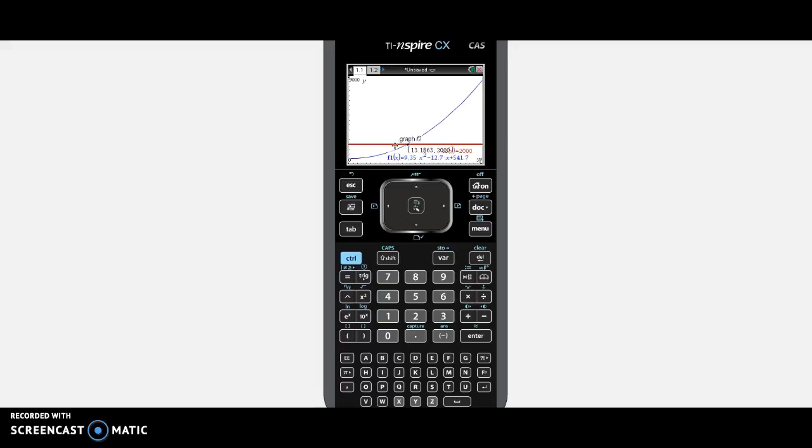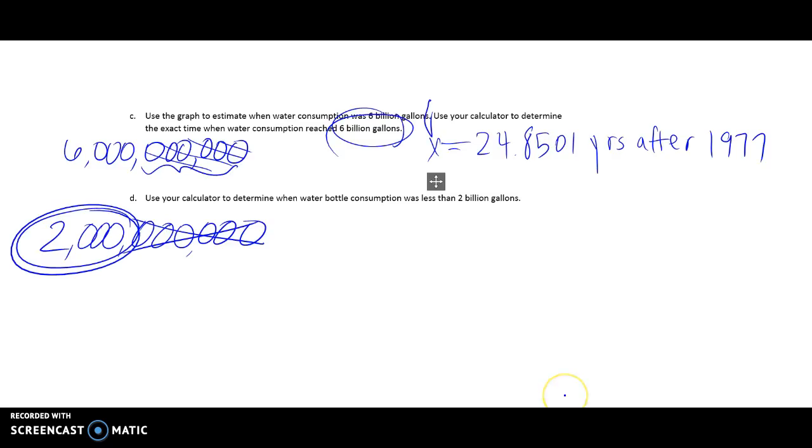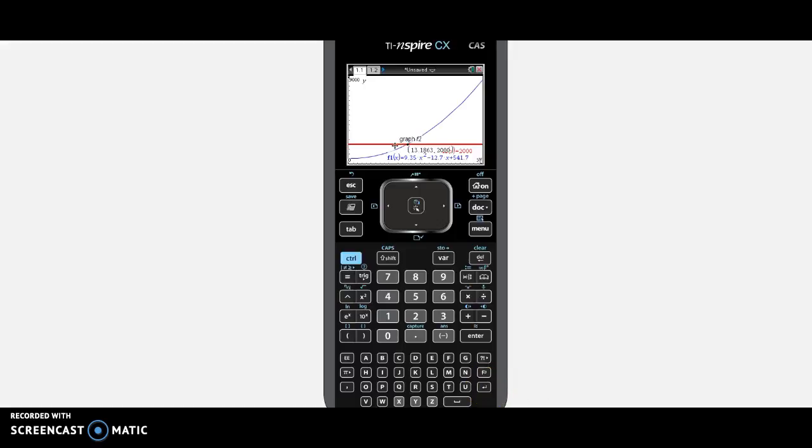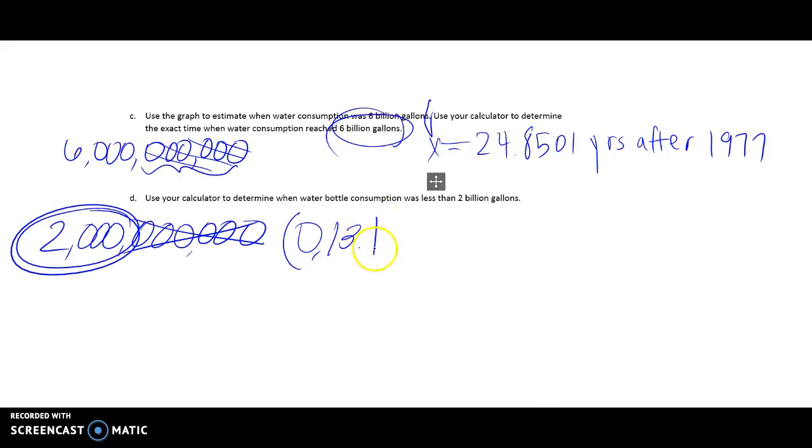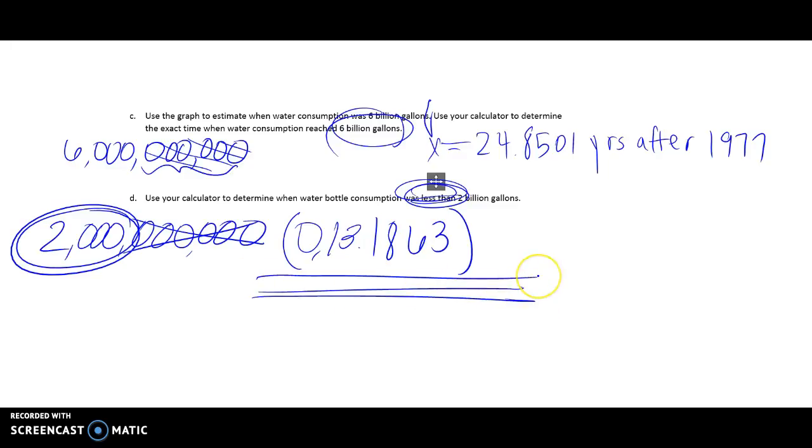So when I go to my answer over here, I need to say that the water bottle consumption was less than 2 billion gallons from 0 all the way up to 13, and I've forgotten my digits, 0.1863. I'm putting a parenthesis because I strictly asked for less than, not less than or equal to. And that's it. We just have to use that intersection key to help us find these approximations.